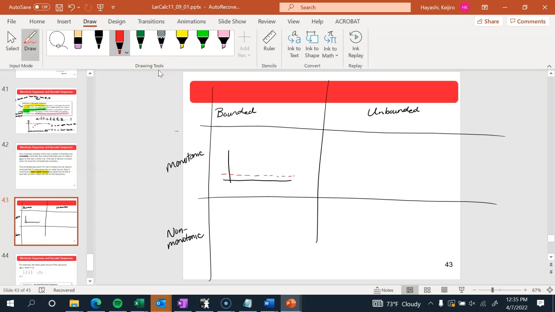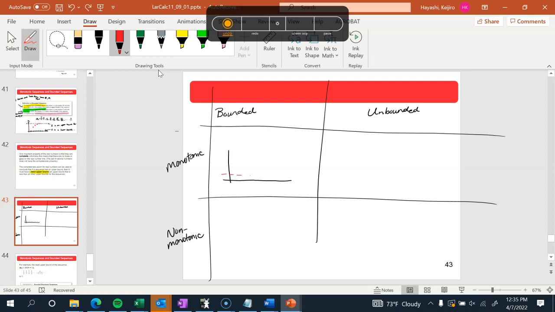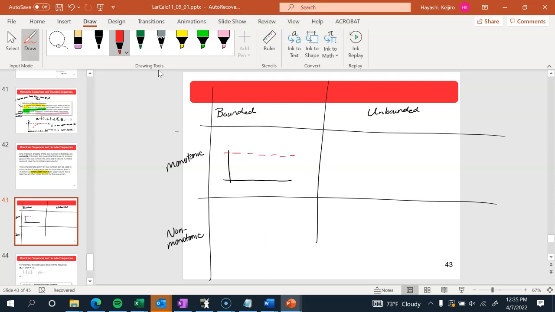So, something that is bounded and monotonic. You might think that if something's monotonic, that it's only increasing, that it must just grow forever. But that's not the case. Something can be monotonic, that is increasing forever, but still be bounded.